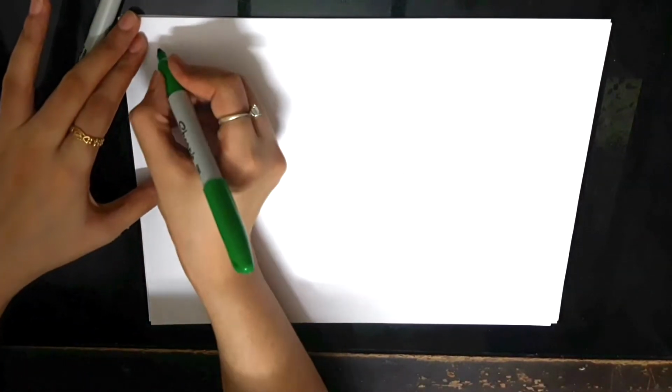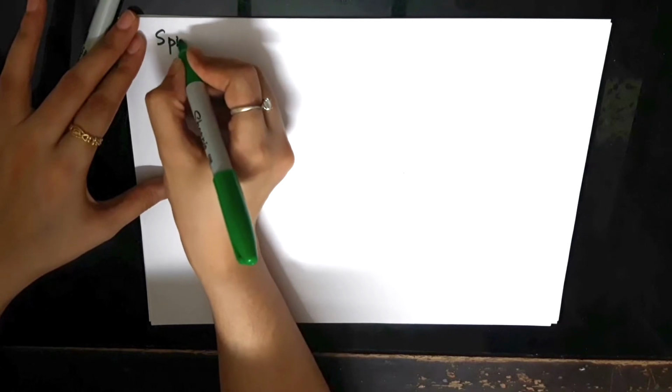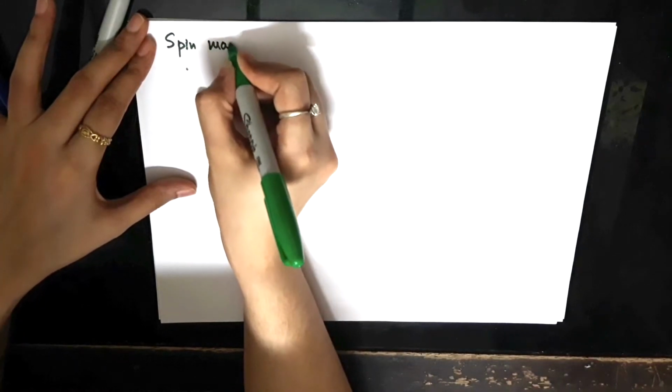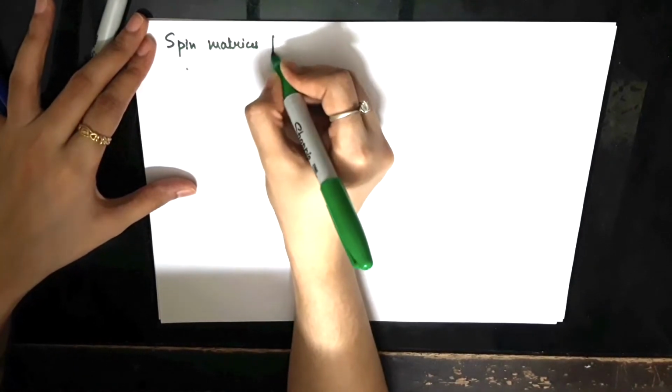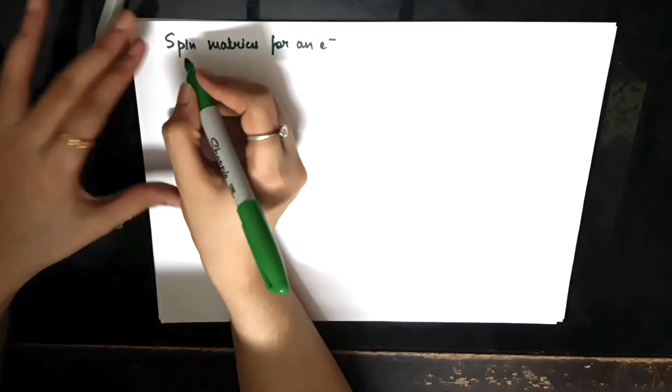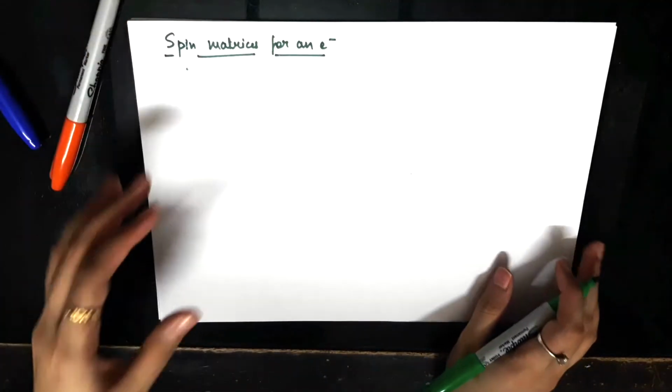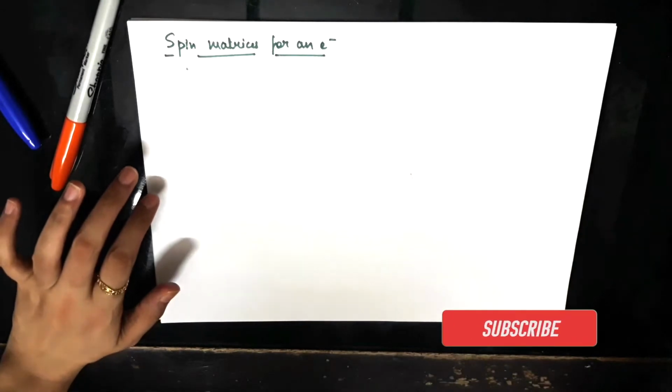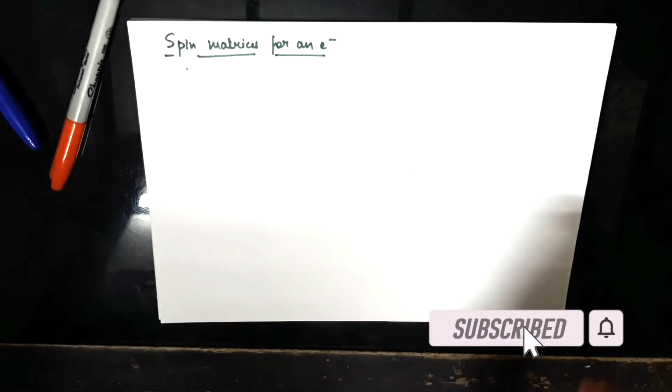So now we are going to see what are the spin operators, spin matrices for an electron. To figure out the spin matrices for an electron, let's start with the experimental fact.